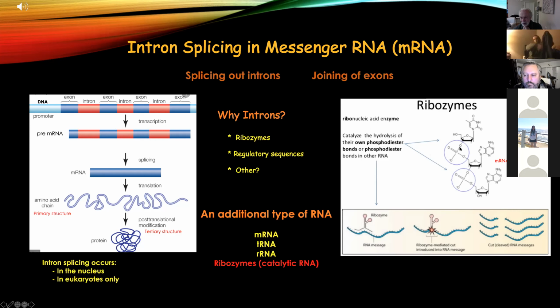So the bond between the sugar and the phosphate can get cleaved by a ribozyme, cutting the chain in two. You see that illustrated here with an RNA message in blue, a ribozyme sitting on a recognition site. And if it cleaves that, you get two pieces. It will cleave at the same site every time, so all the short pieces are the same and all the long pieces are the same. So that's one thing that ribozymes can do.